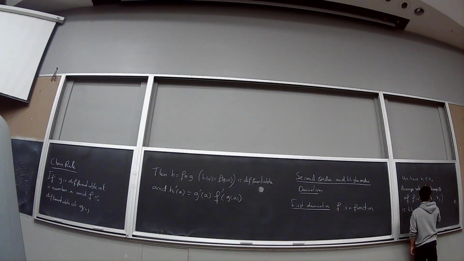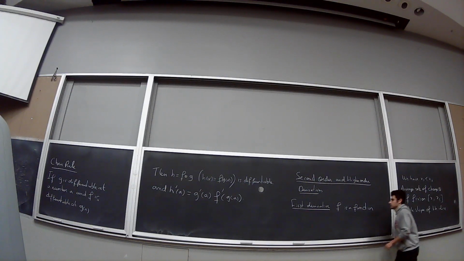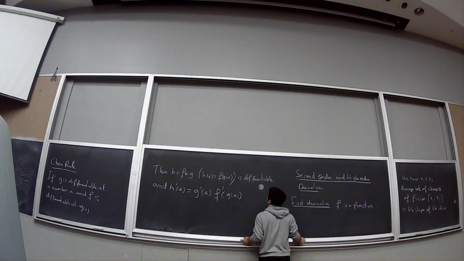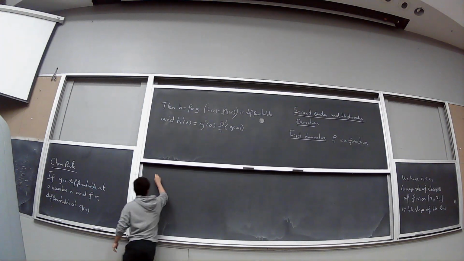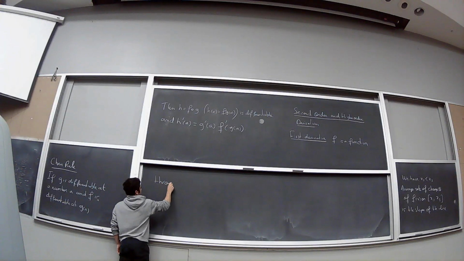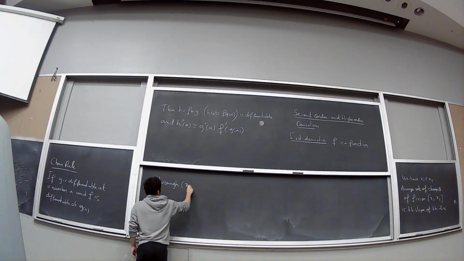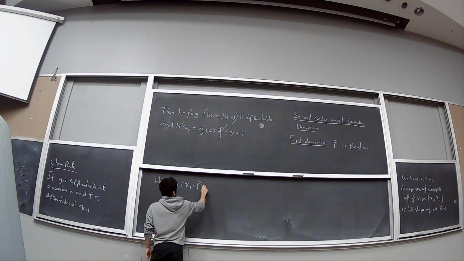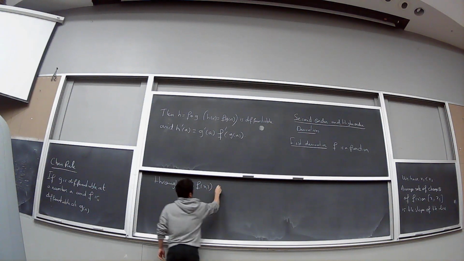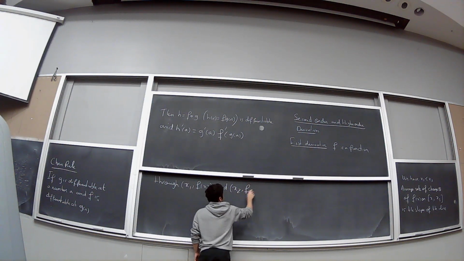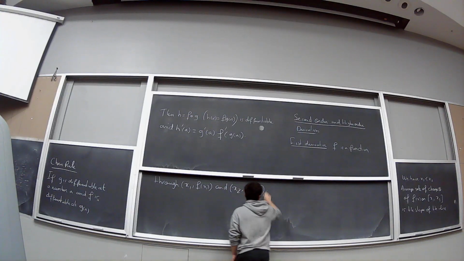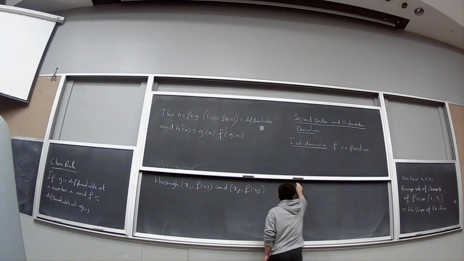Is the slope of the line through x1, f of x1 and x2, f of x2.